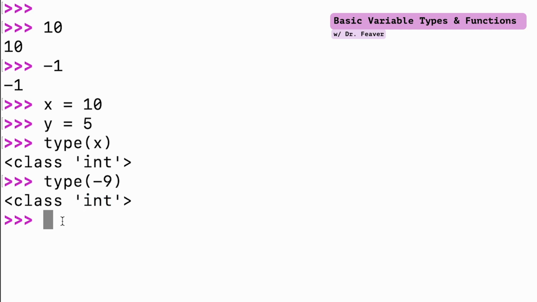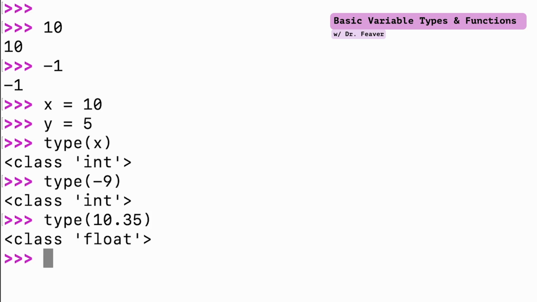If I have something after the decimal place, like 10.35, as I mentioned earlier, that's not an int, it's a float. So if I do type 10.35, you'll see that it says class float, and float is referring to any numerical value that has a decimal. And we can use these as you would expect with our math operations.